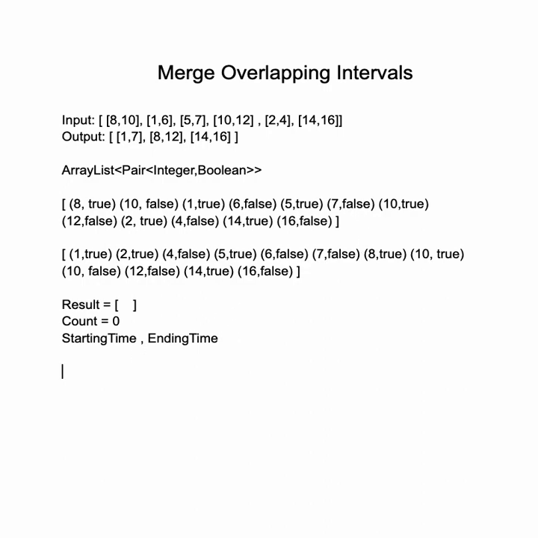Now we will be iterating through this sorted array list. Initially the first pair from the array list is 1 comma true. We need to update the starting time, which is 1, because the count is initially 0. We can update the starting time, which is equal to 1.